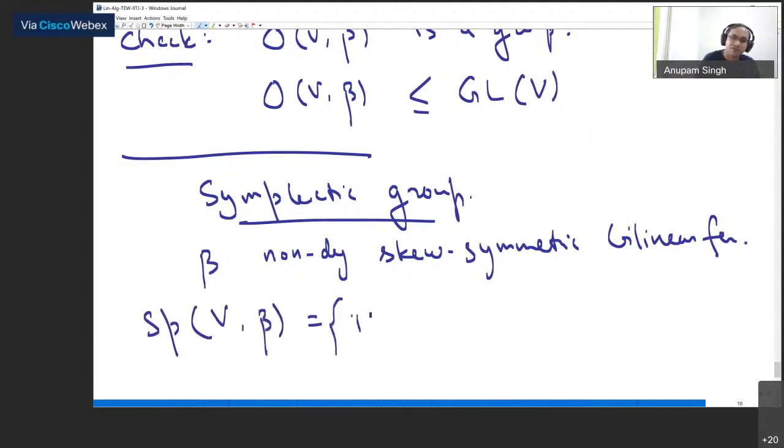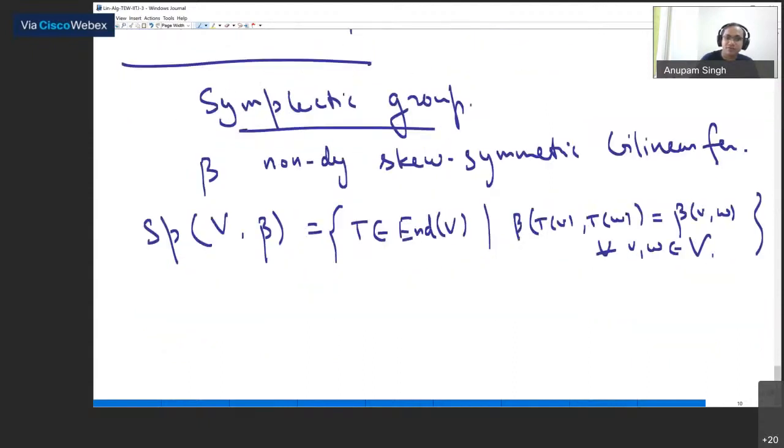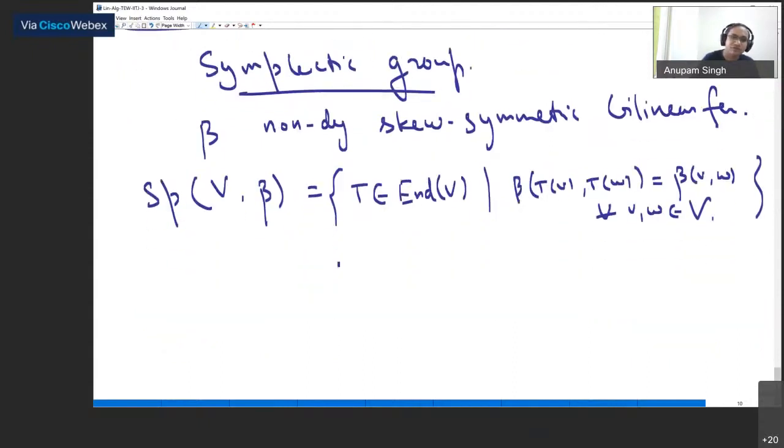This is again all those isometries in End V which preserve this beta. So beta of TV, TW is beta of V comma W, for all V, W in V. So this is again a group called the symplectic group.